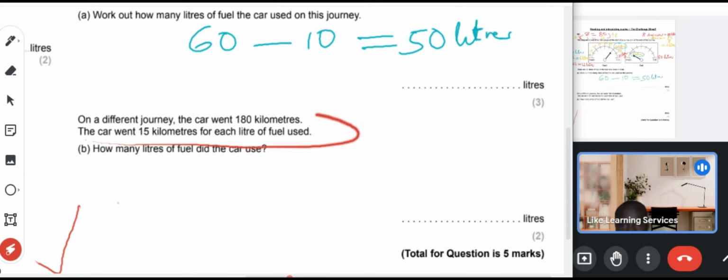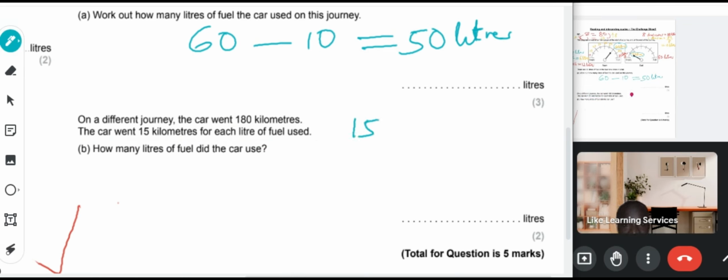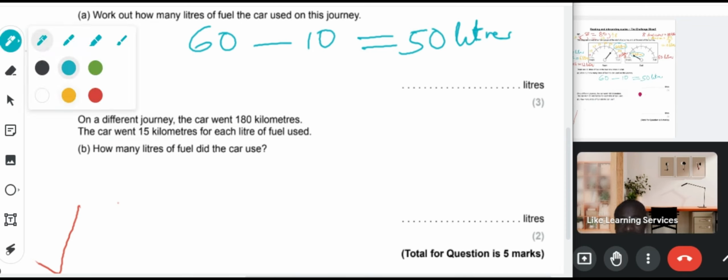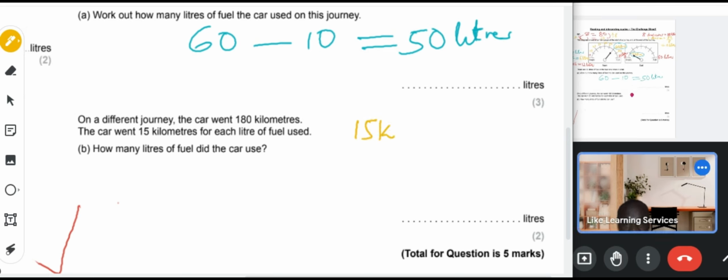Let me write it in yellow because it's easy: 15 kilometers for 1 liter.